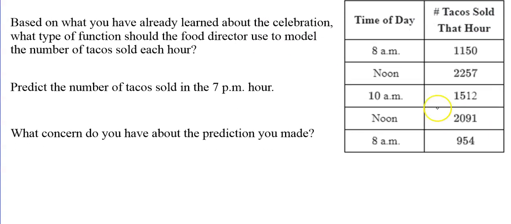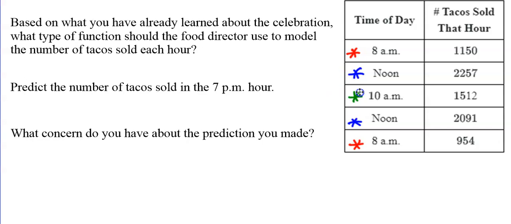Time of day: 8 a.m., noon, 10 a.m., noon, 8 a.m. We've got 2 at 8 a.m., 2 at noon, and 1 at 10 a.m.